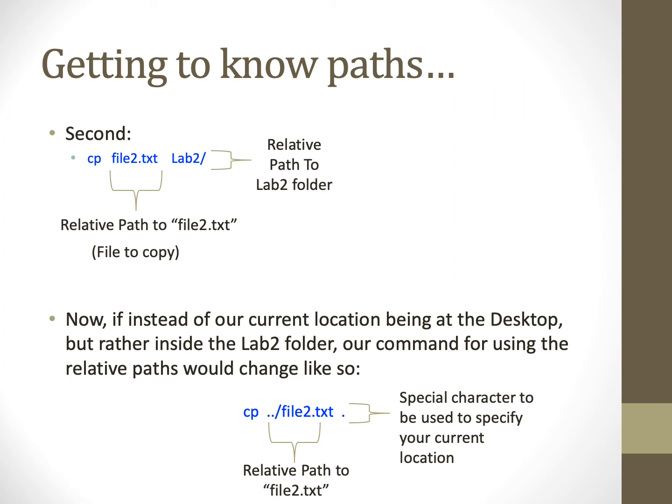It would be ../file2.txt, with the .. corresponding to the directory before lab2, i.e. the desktop, and this dot is a special character that is used to specify your current location. So this command is, again, saying to copy file2, which exists one directory above the current location, and telling the terminal to copy it to our current location, which is inside the lab2 folder.